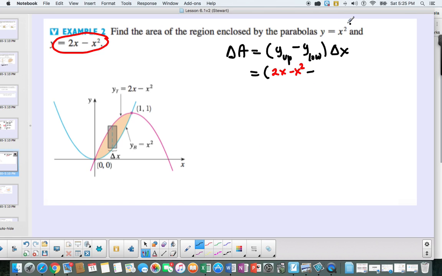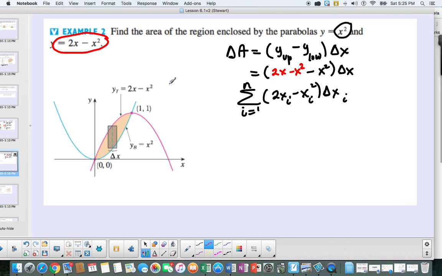And the lower will be the parabola that's facing up, which is x squared. And I'm going to again sum up i equal to 1 to n, 2 x sub i minus x sub i squared, delta x sub i. And the true area will be equal to the limit as n approaches infinity of this summation.